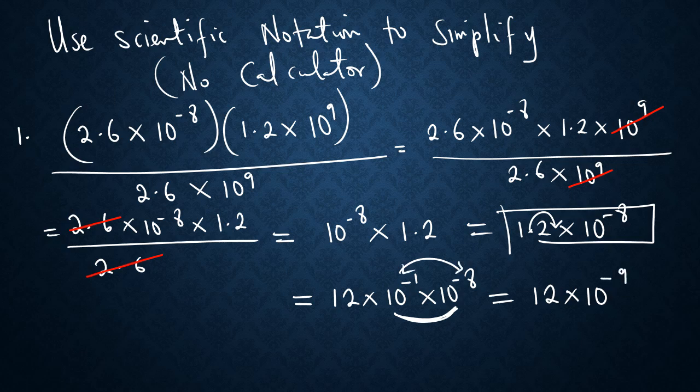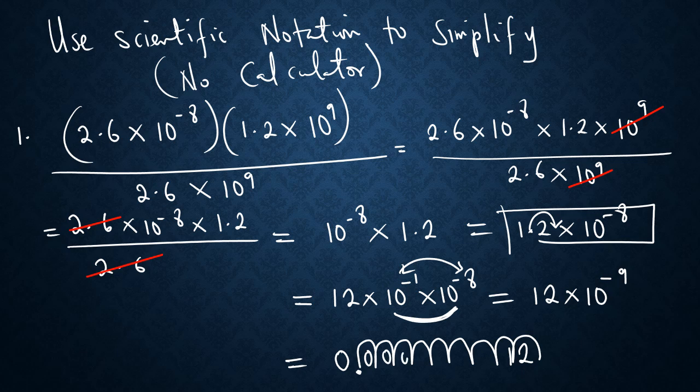So here it means that you're going to have to move the decimals 9 steps to the left. So meaning that I'm going to write my 12 over here and move my decimals 1, 2, 3, 4, 5, 6, 7, 8, 9, a dot, and a 0. So I'll just enter zeros for the rest.